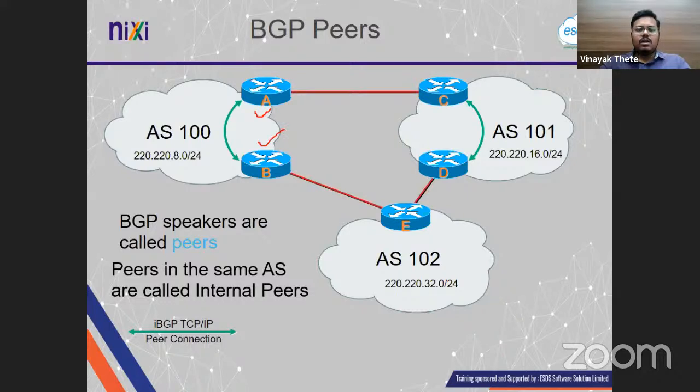So the pairing between router A and B is called the internal pairs. For internal pairing, there is no requirement for directly connected routes. Only the reachability information should be there for both the loopback IP addresses, or the pairing information. Those are the internal pairs.